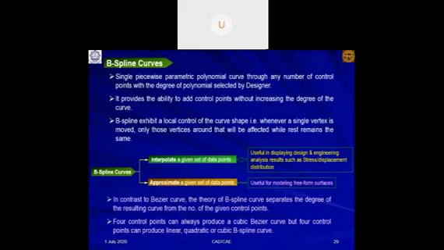But using the four control points, you can design different types of B-spline curve. The degree may be linear, quadratic, or cubic. So that is the beauty of the B-spline curve. Whatever your control points may be, the degree of the curve is user defined. The equation I like to skip here.